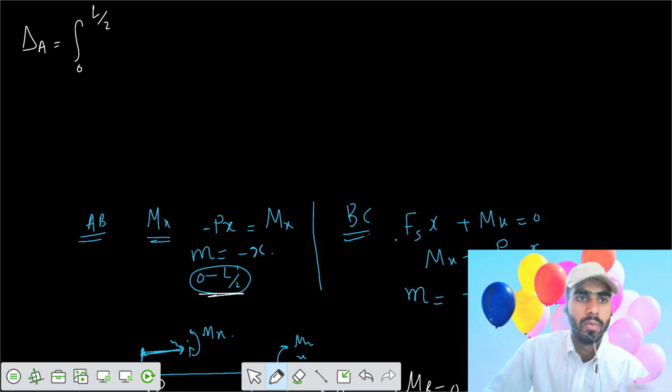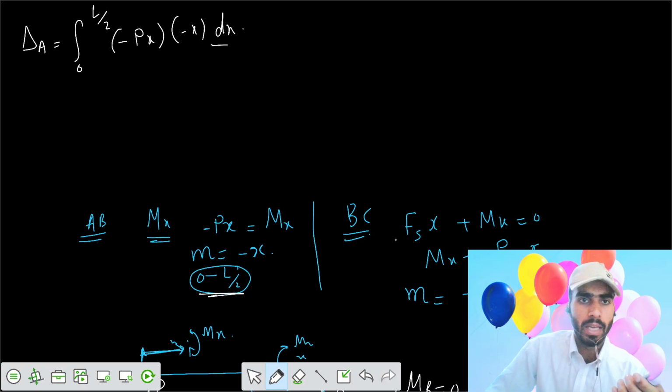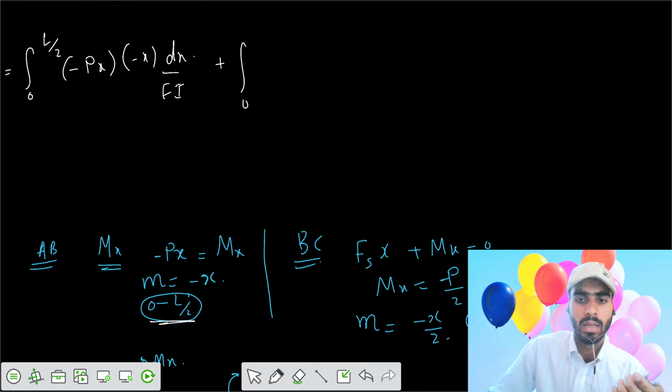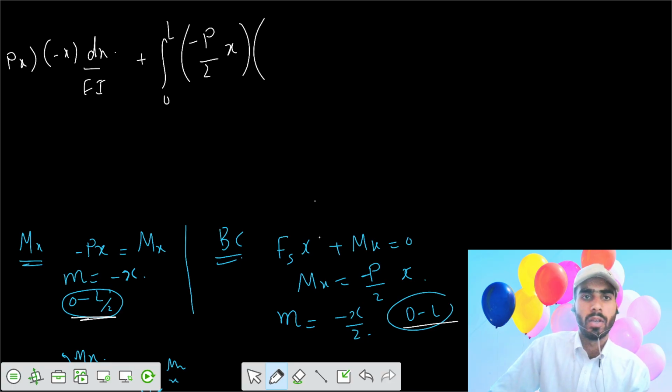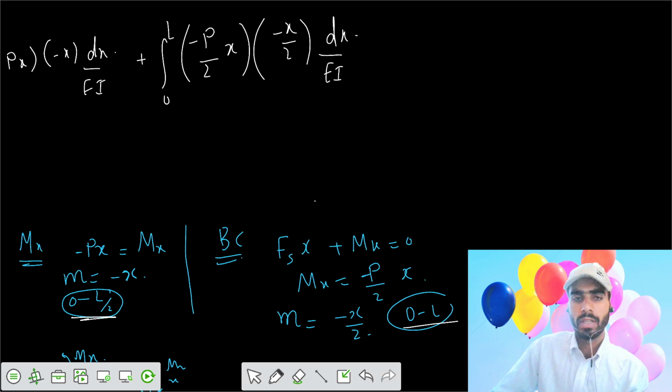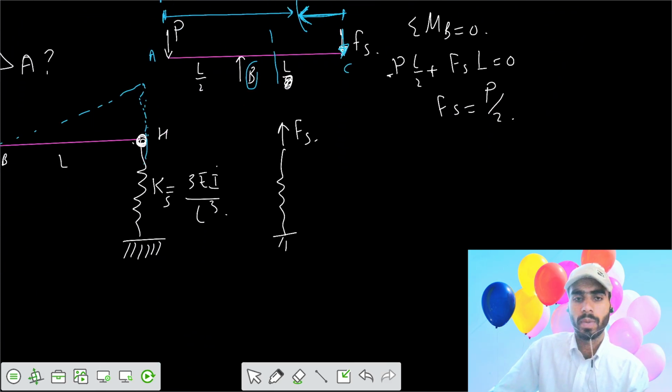We write minus Px into minus x, dx by EI, plus the integral from 0 to L of the moment equation, minus P by 2 of x, and small m of minus x by 2, dx by EI. And we also have to see the contribution made by the spring.